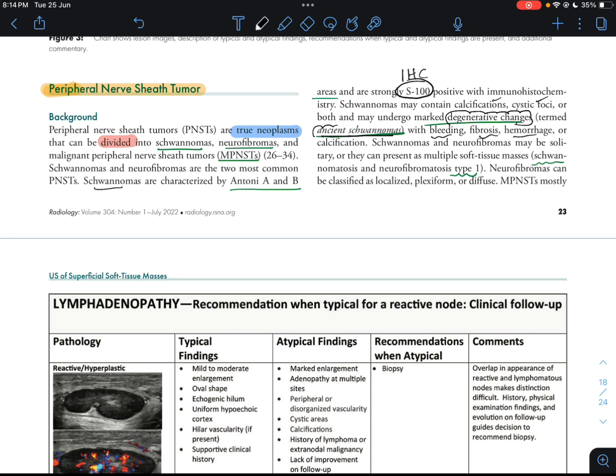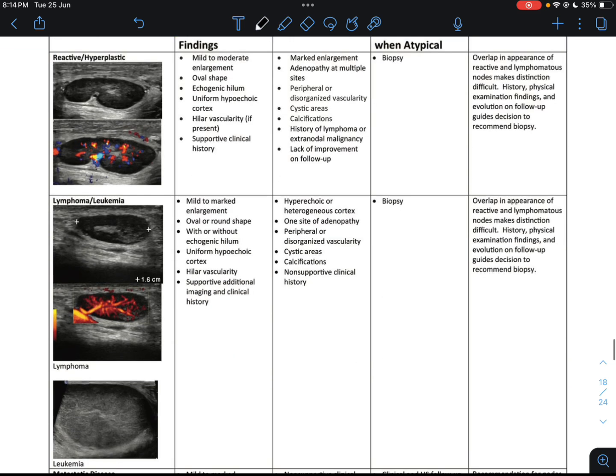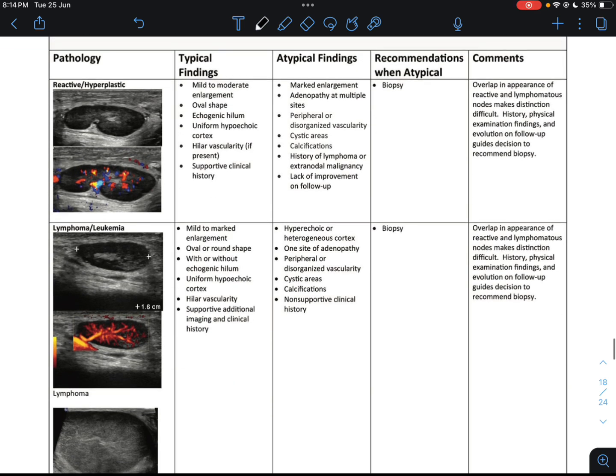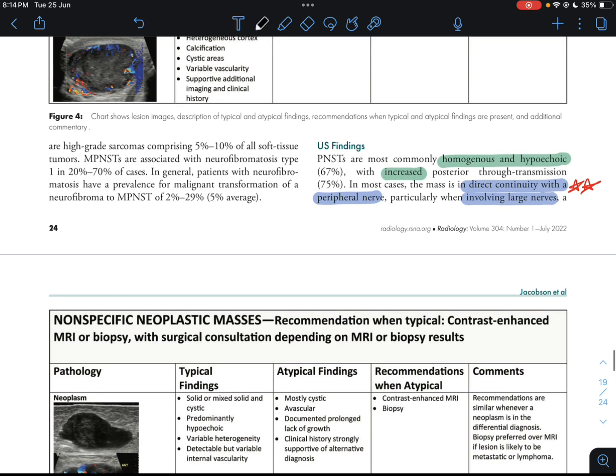And it's very difficult to differentiate schwannomas and neurofibromas in ultrasonography, and both will be most commonly seen in schwannomatosis and NF1. And in ultrasound there will be homogeneous and hypoechoic with increased posterior acoustic enhancement.